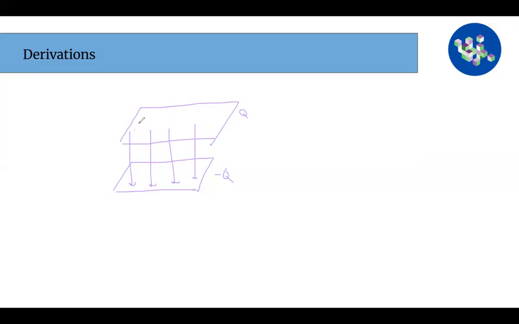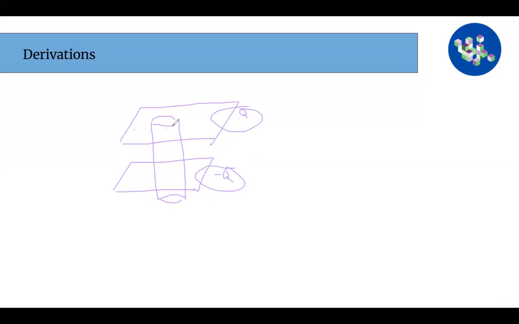The reason for that is, let me erase my electric field lines for a second. If I make a Gaussian enclosure, remember Gauss's law, right? So if this is my Gaussian enclosure, then the total enclosed charge is zero, because this plate has charge Q and this plate has exactly the negative Q, exactly the opposite amount of charge.